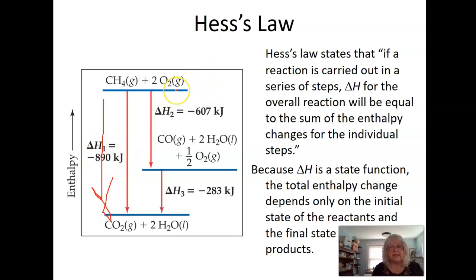Another possibility is to carry it out in two separate steps, where I only partially oxidize the methane in the first step and then finish oxidizing it in the second. The idea is that the two heats I measure for these two steps, when added together, are the same as the total I got if I carry it out in one step.